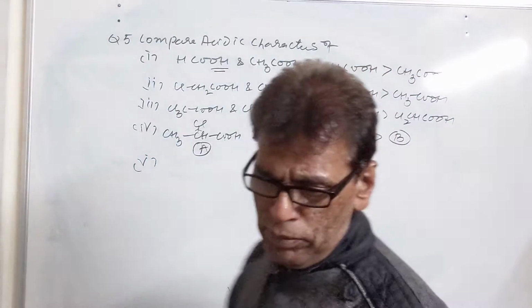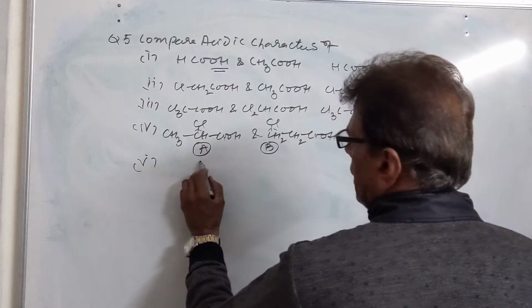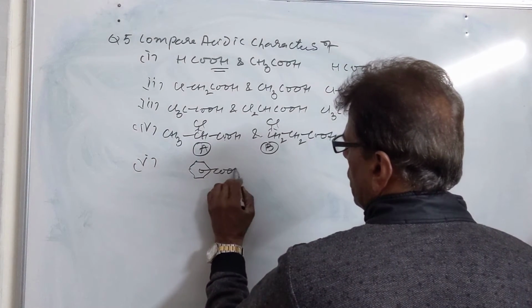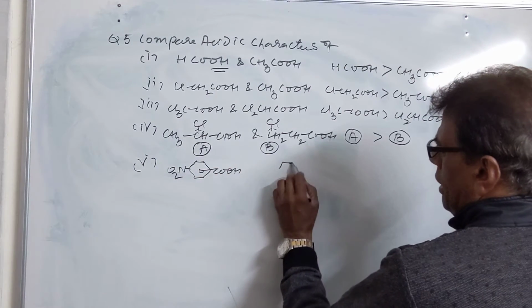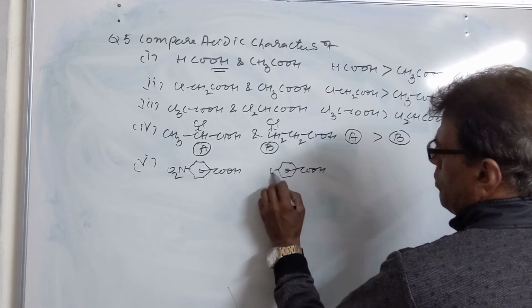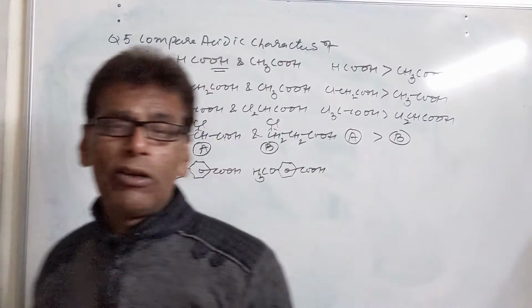Now we have some aromatic acids also, substituted with electron withdrawing groups. This is benzoic acid substituted with nitro in this case, and in the other acid, benzoic acid substituted by a methoxy group. Now we want to compare the acidic character of these.